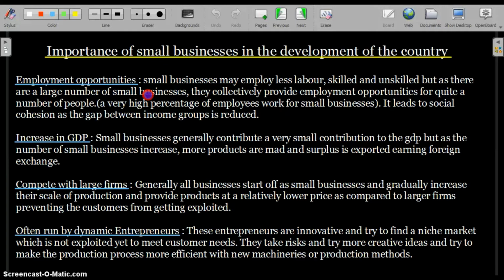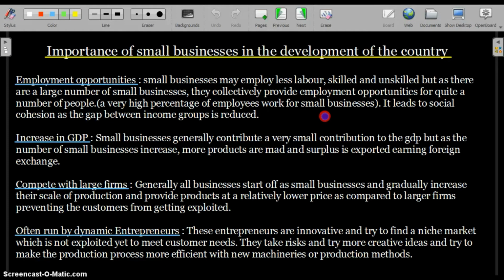So the number of emerging small businesses is quite large. Every day you see a new business opening, so that's why they employ more people. Collectively, small businesses may employ less labor, skilled and unskilled, but as there is a large number of small businesses, they collectively provide employment opportunities for quite a large number of people. A very high percentage of employees work for small businesses.